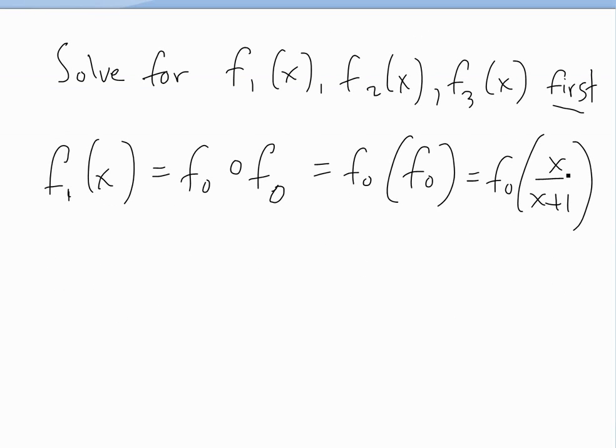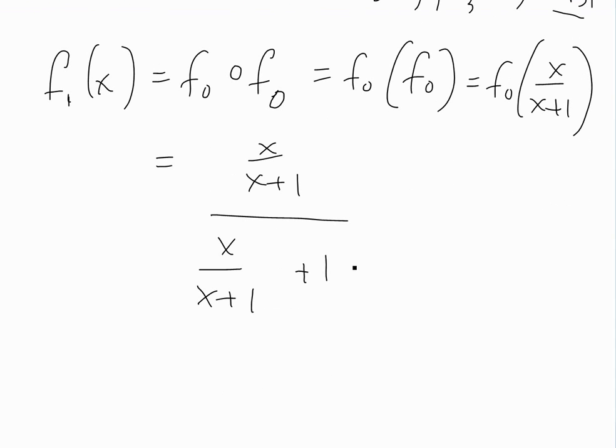So we plug in x divided by x plus 1 inside each x, and we get that divided by x plus 1. Now we can simplify further by multiplying by the common denominator on the 1s so we can add them together: x plus 1 divided by x plus 1.